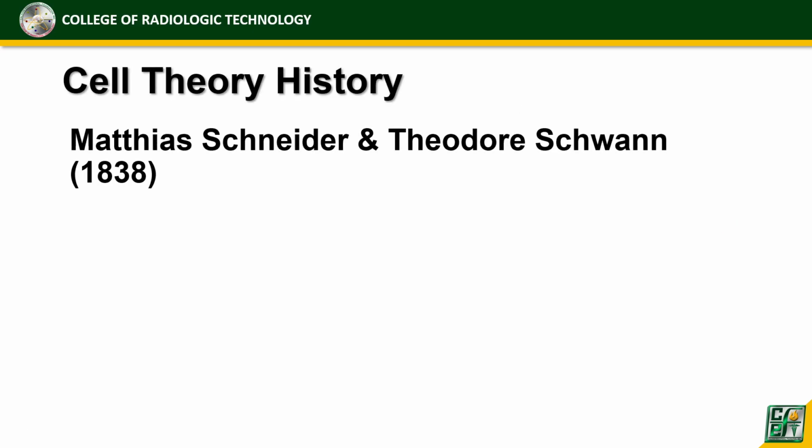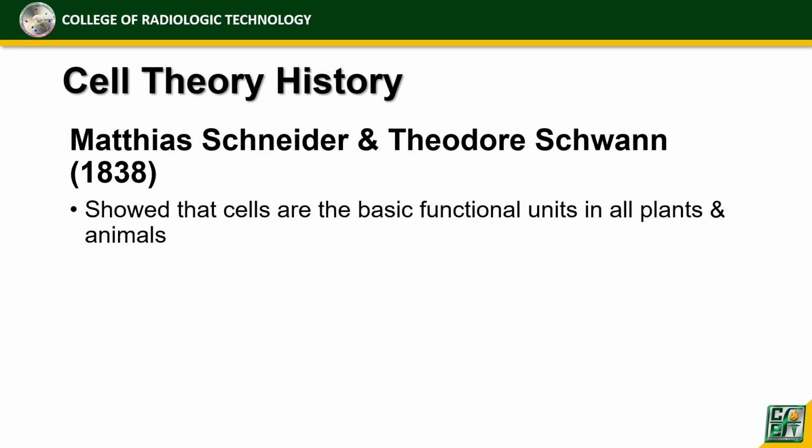Then Matthias Schleiden and Theodor Schwann showed that cells are basic functional units in all plants and animals, in 1838.